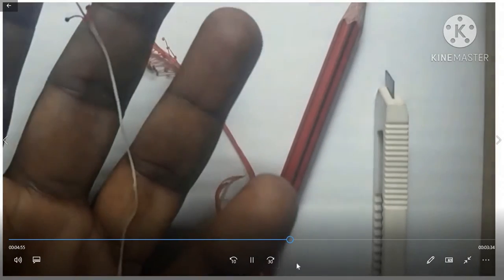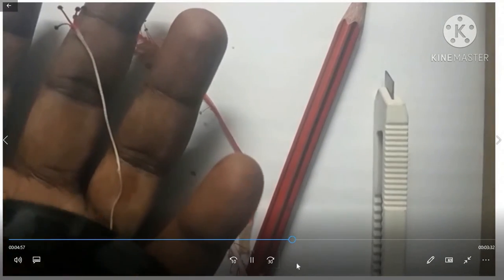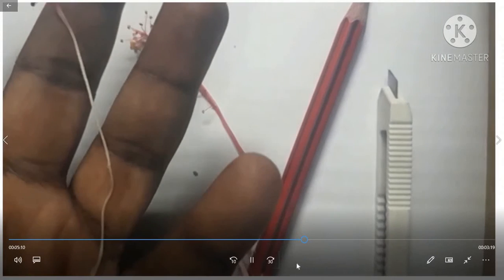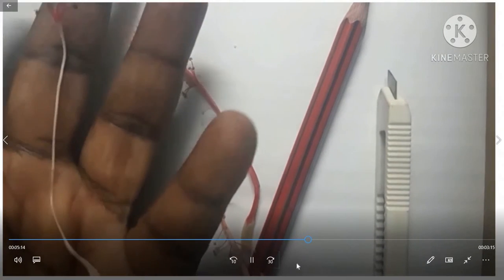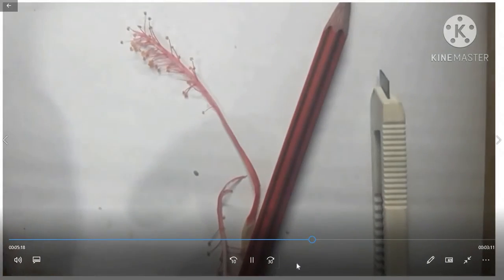I think I can show you with a magnifying lens. I hope you can see it. The small ovules inside. Okay, and then this is the female part of the flower. And what is the name of the female part? Gynoecium, or otherwise it's the female part of the flower.